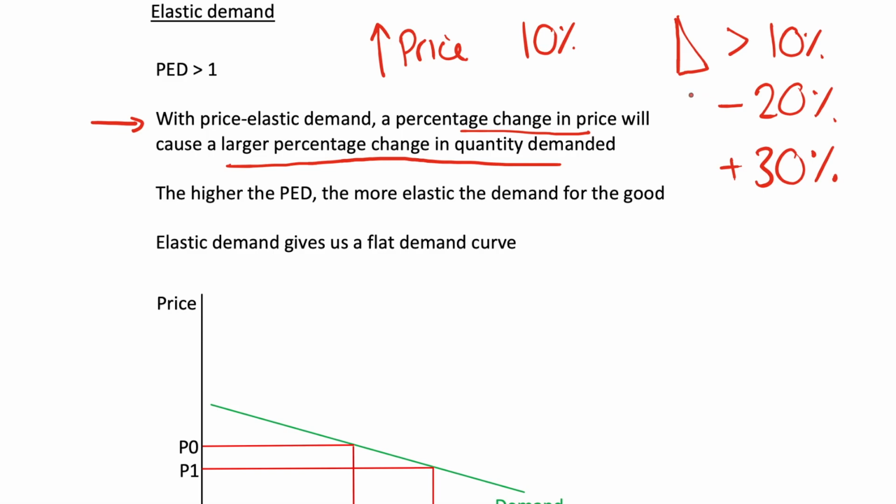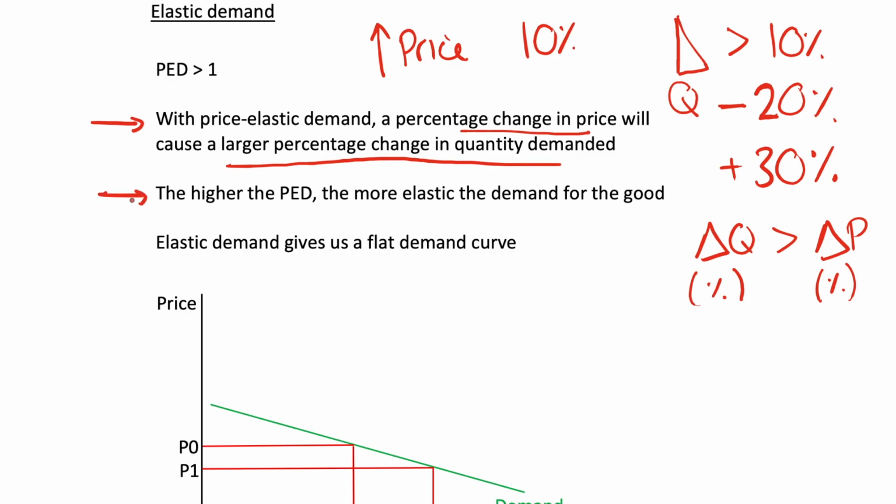What's more likely is that an increase in price by 10% is going to cause a reduction in quantity demanded by, say, 20%. The key to note is that the change in quantity demanded is going to be greater than the change in price. Remember that these are all in percentages though. So that's our key with elastic demand.